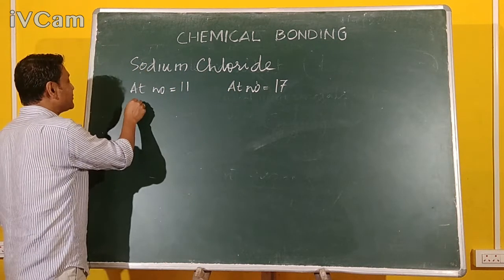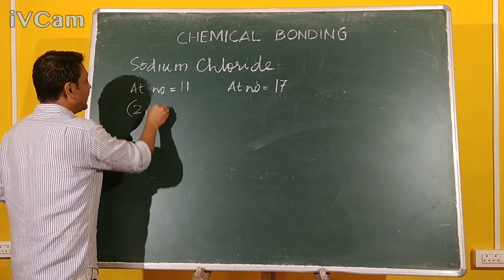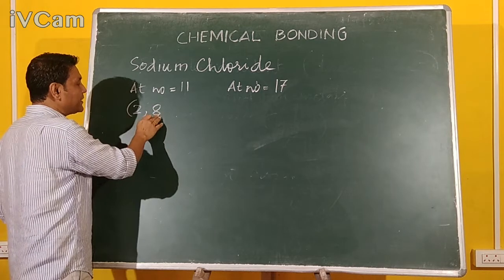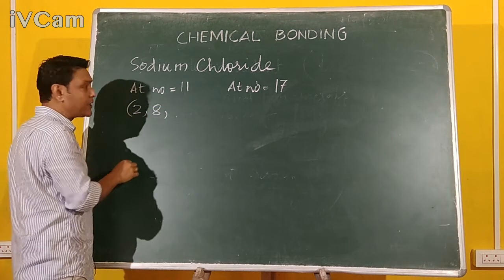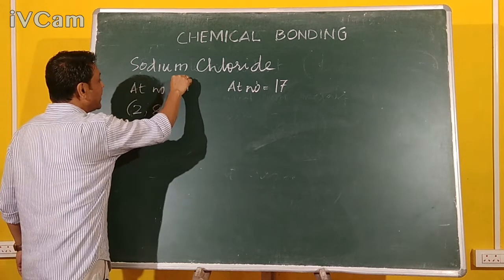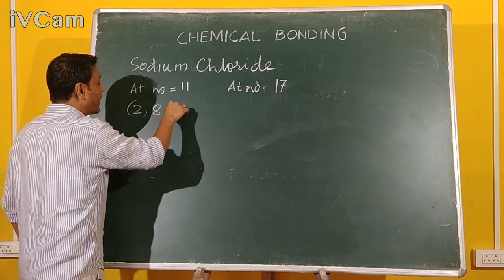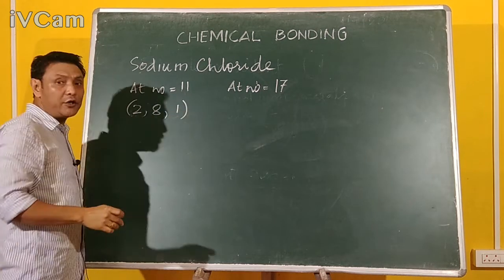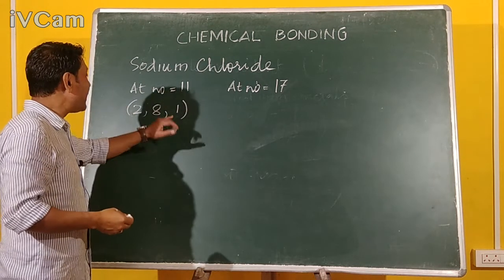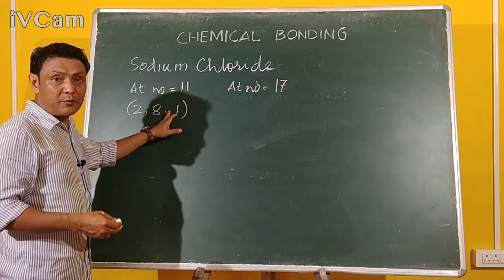So what will be the electronic configuration of sodium? It will be 2 in the first orbit. The second shell will have 8 electrons, and together it is 10. How many electrons are there? 11. So total 2, 8, and remaining 1 in the outermost shell. As I told you, metals will always have 1, 2 or 3 electrons in the outermost shell.